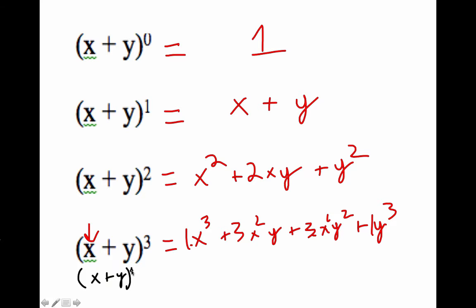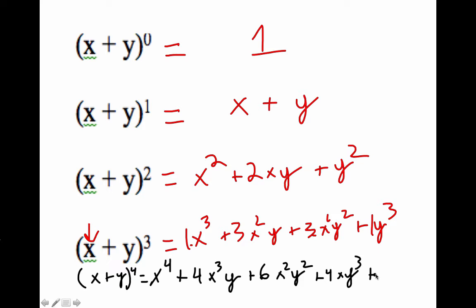So the next one I think they have there for you is x plus y to the fourth. If we take a look back at Pascal's triangle, we know the first coefficient is going to be a 1. So you're going to have 1, and it's going to be x to the fourth, and then the next coefficient comes right off of the triangle, 4x to the third y to the 1, and then 6x squared y squared, and then 4xy cubed, and then 1 y to the fourth.